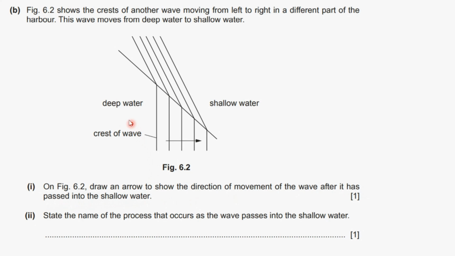Okay, so we move from the deep water to the shallow water, and these crests, as we said before, represent the wavefronts. The distance between any two successive wavefronts or crests represents the wavelength. And here in the shallow water, we have a decrease in the wavelength. So the speed decreases as well.